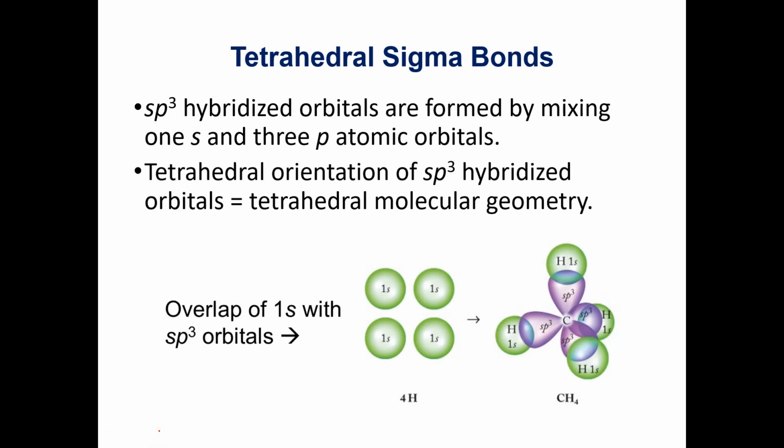So sp3 orbitals are formed by mixing 1 s and 3 p orbitals. So this allows us to form a tetrahedral geometry with 4 things bonded to each of the sp3, 1 thing bonded to each of the 4 sp3 orbitals.